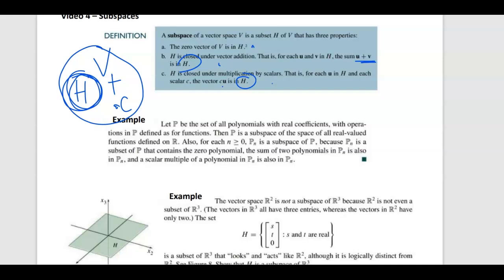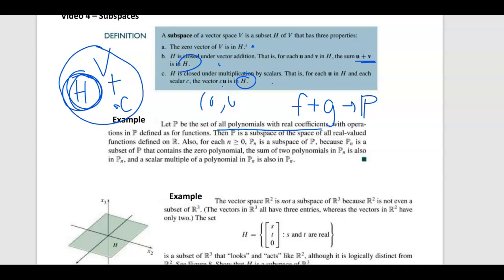So let's talk a little more about polynomials. Let P be all polynomials with real coefficients, and just normal operations defined by functions. So addition and scalar multiplication is what you have always known. Then polynomials is a subspace for all real valued functions defined on R. So what does that mean? If you add any two polynomials, you get a polynomial.